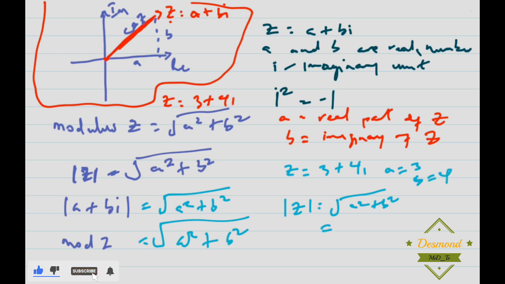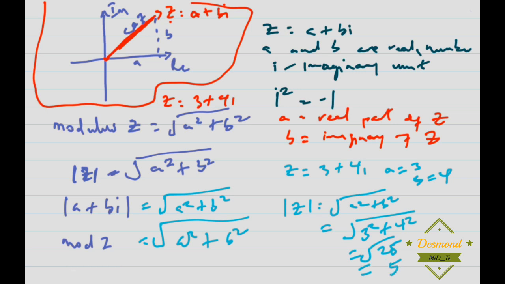When we put this into the equation, we have 3 squared plus 4 squared, which gives 25. The square root of 25 is 5. So that's simply the modulus of a complex number. Very, very simple, right?